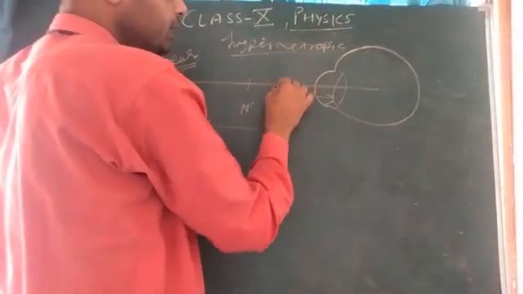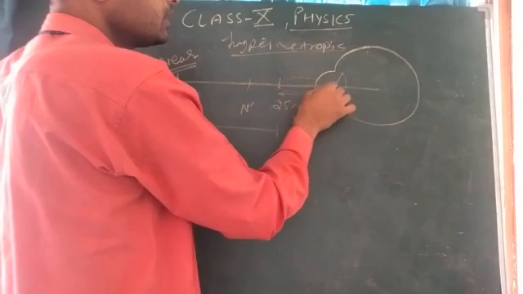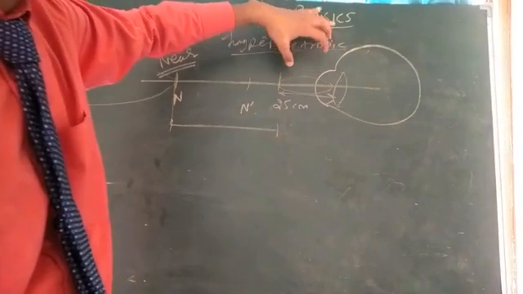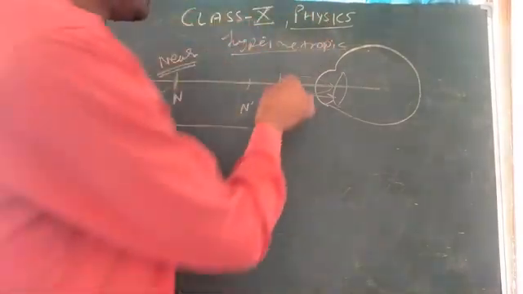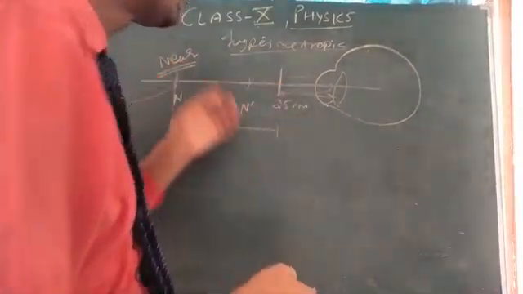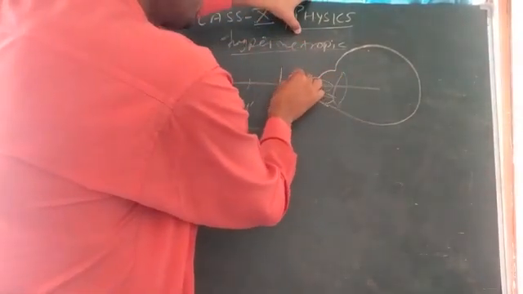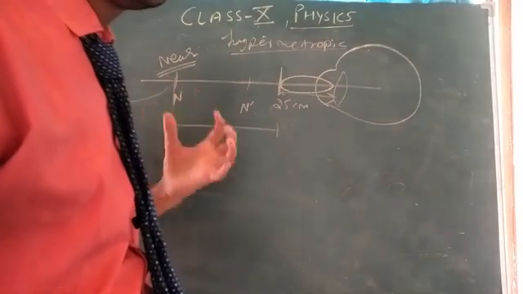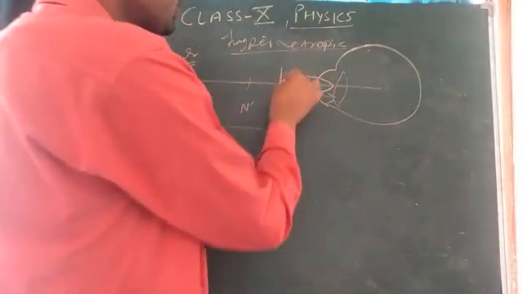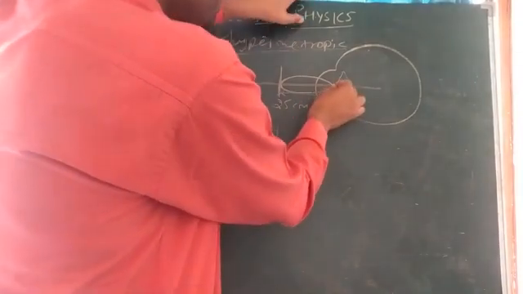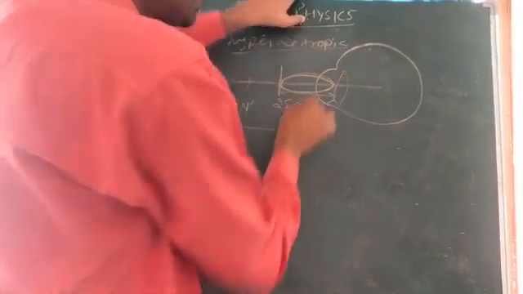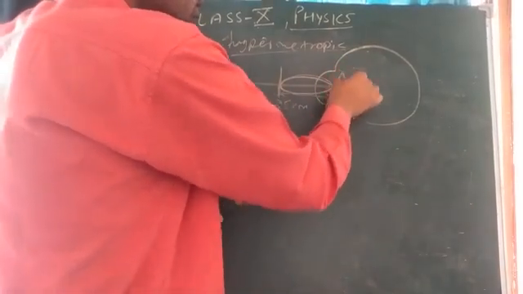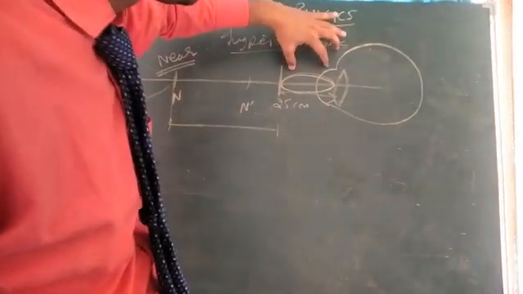Between the eye lens and 25, in this region, a normal eye is unable to see also, due to stress. If we have to read a book placed in this region, the stress acts upon the eye. If we read any book placed at less than 25 centimeter, that is 12, 10, 15, 20 centimeter, then what happens to our eyes? Stress starts, and due to this stress there is pain in our eyes. It means the eye is unable to see any object placed in this region.